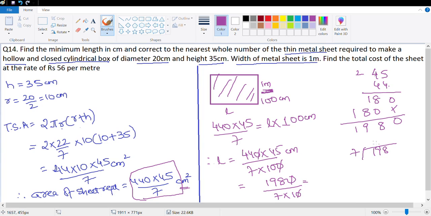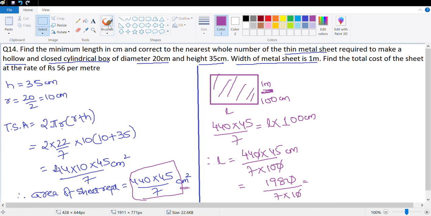That's 7 into 2 14. That's 58. That's 7 into 8 56. That's 20. That's 7 into 2 14, and that's 60. That's 7 into 8 56. So that's 28.28 centimeter. Let me just erase this part to have space to finish this question. So this is 28.28 centimeter.